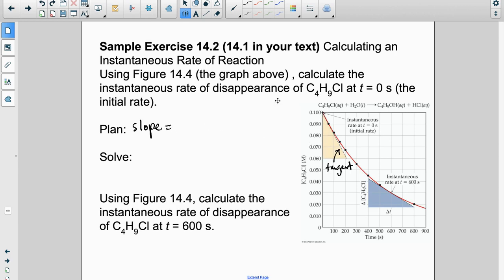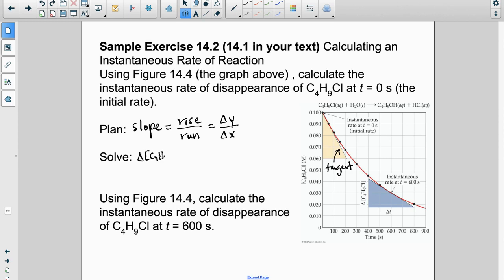Remember, slope is equal to rise over run, and that would be delta y over delta x. So we can take the rise over run of this tangent line to find the rate of disappearance of C4H9Cl. That's what we're trying to find.